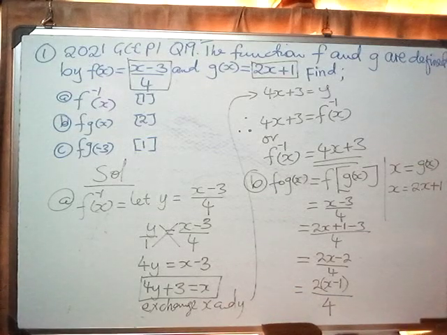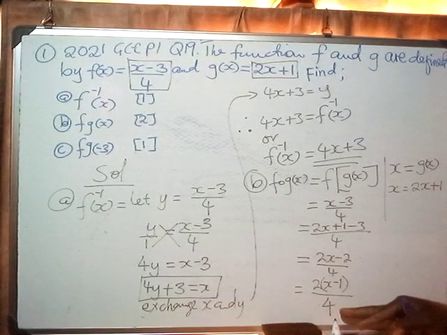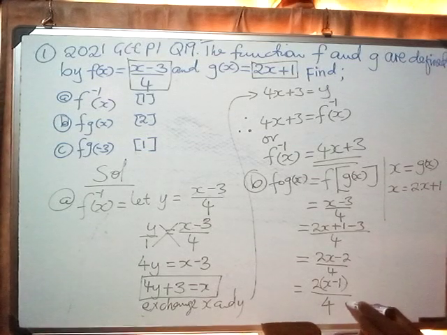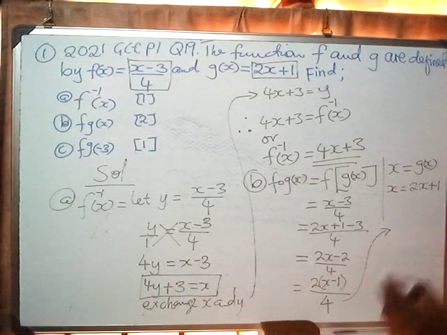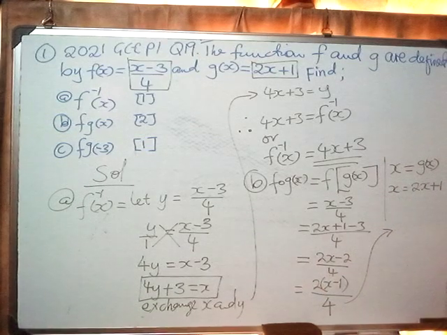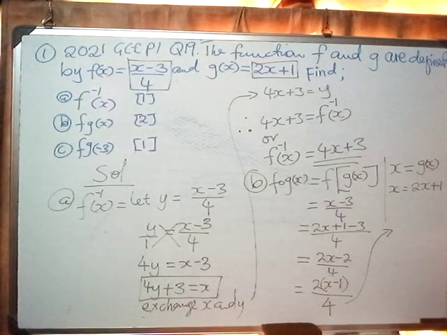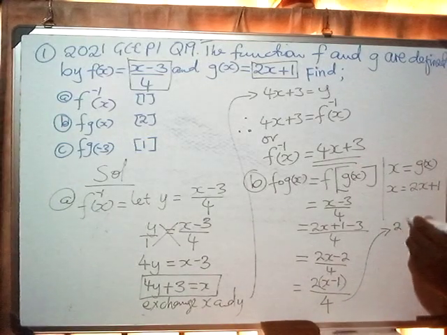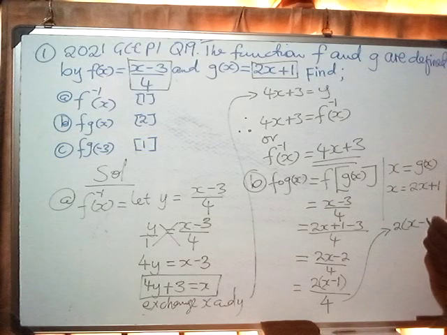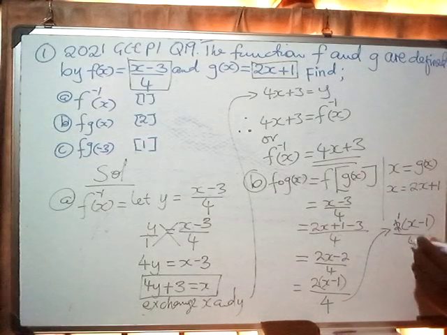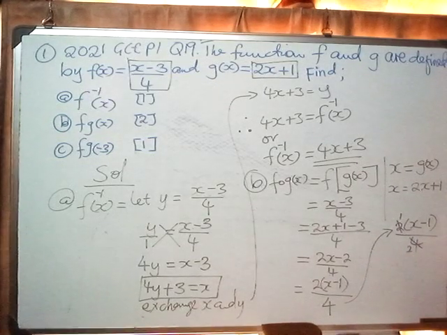So now this 2 and the 4 have a common factor, and the common factor is 2. So 2 into 2, it will be 1. 2 into 4, it goes 2.